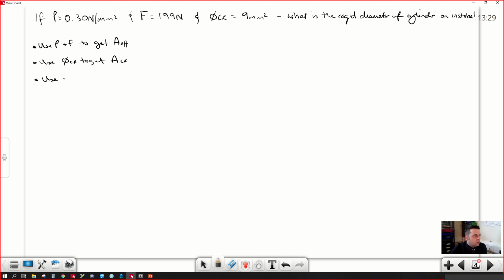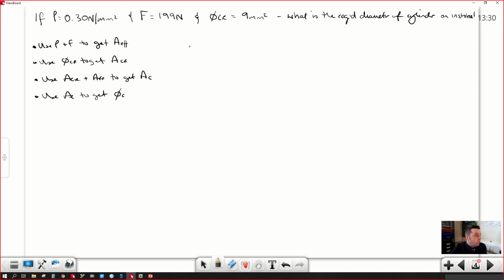And then we're going to use the area of the cylinder rod and the effective area to get the area of the cylinder. And then we're going to use the area of the cylinder to get the diameter of the cylinder. I think that's going to be the process.